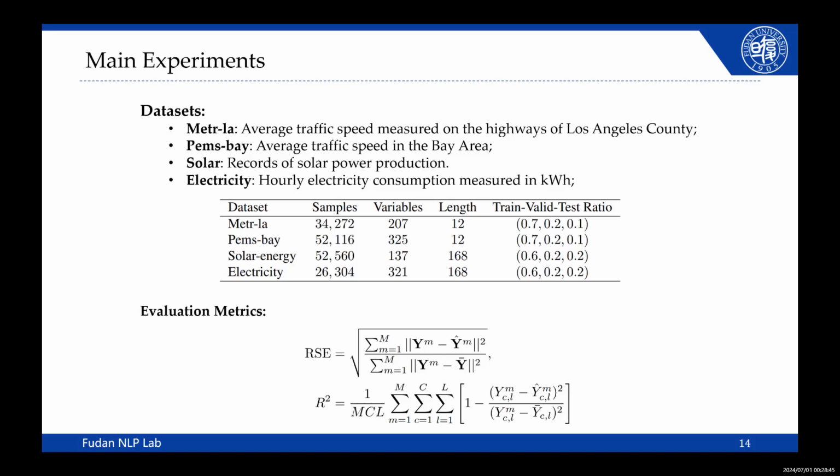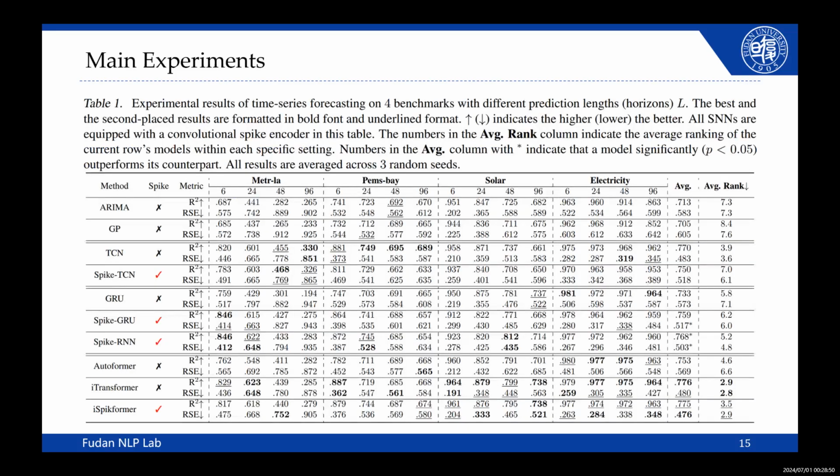For evaluation metrics, we choose RSE and R-square. In this table, we report all the results. Generally, we find the results of SNNs are mostly comparable to their ANN counterparts, and under certain settings, such as Spike RNN and iSpikformer, they can outperform their ANN counterparts.